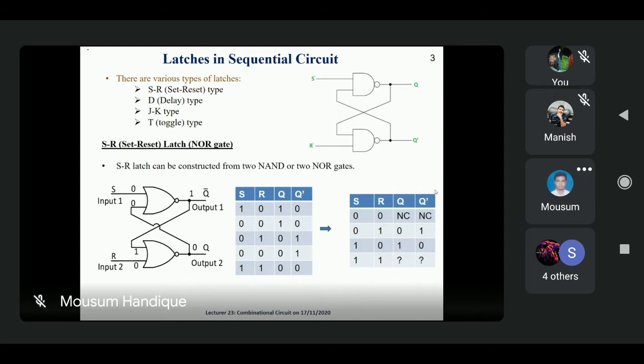Okay. So first we are discussing what is SR. SR type flip-flop. What is SR type?